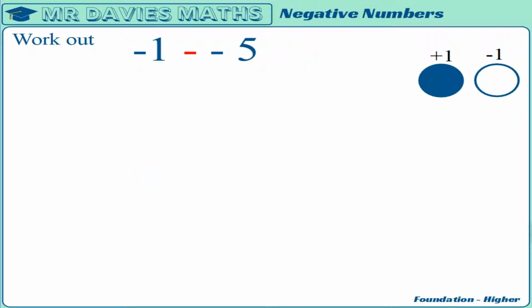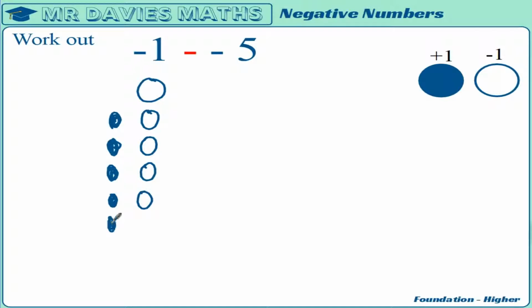So this time I start off with -1, and I've got to get rid of 5 of the negatives. As you can see, there's not enough negatives there to get rid of, so I'm going to have to implement some more in there. So I've got 1 positive, 1 negative, 1 positive, 1 negative, and so on. Remember, all of these are basically 0 anyway, so a +1 and a -1 make 0, so I'm not actually changing the question, but at least now I can get rid of 5 negatives.